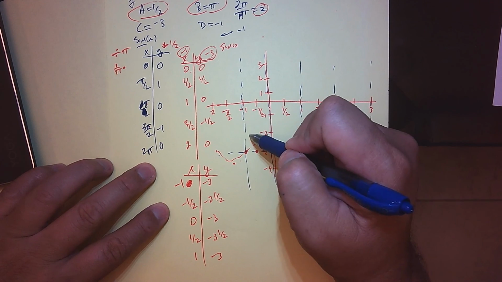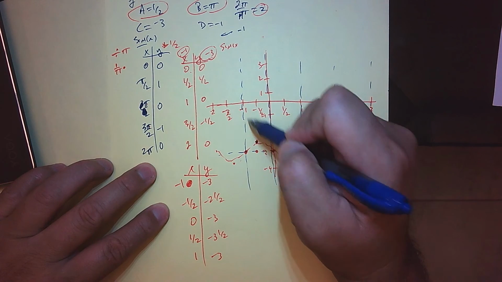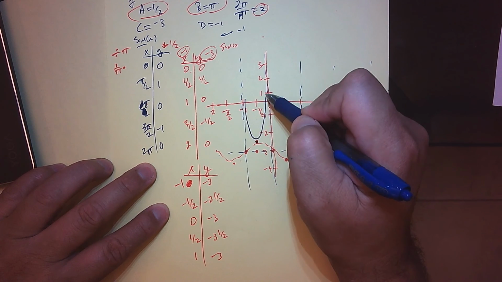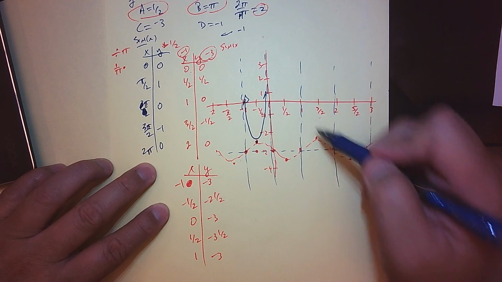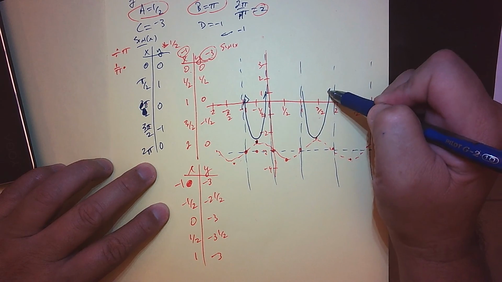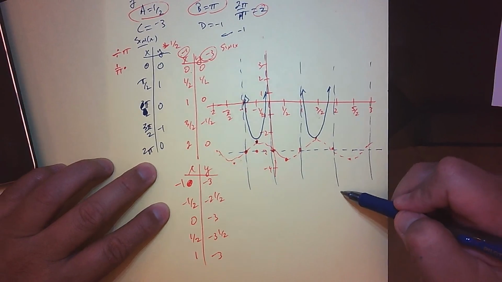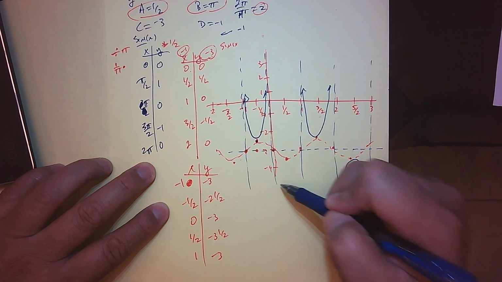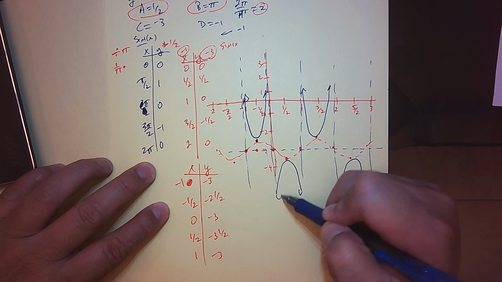And then if we're at a high point, that means the cosecant is at a low point. And when we're at a low point, that means the cosecant is at a high point.